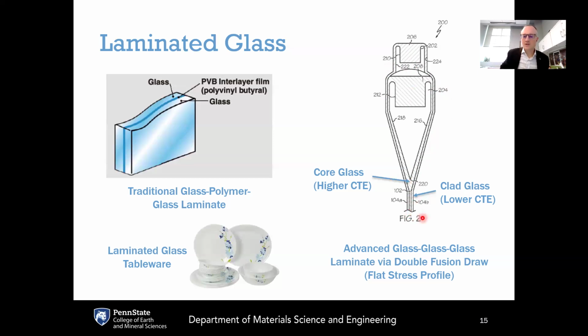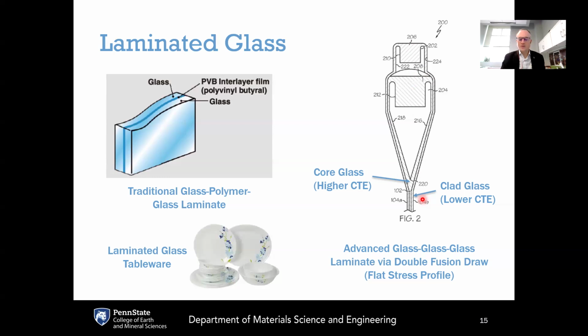And the advantage of this process is that if you design the two glasses to flow in a similar way, so they have similar viscosity curves, but a mismatch in the thermal expansion coefficient, where the core glass has a higher thermal expansion coefficient compared to the clad glass, then a thick compressive stress layer can be generated right off the draw without any post-processing steps.